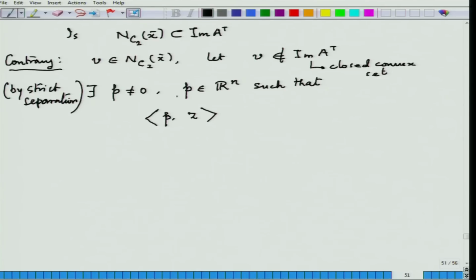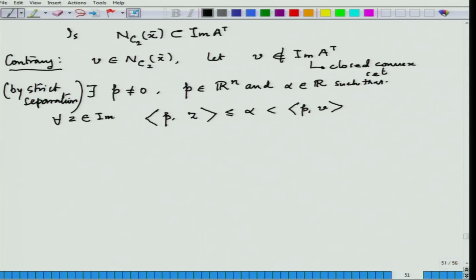By the strict separation there is a P in Rn and alpha in R such that P of Z is less than or equal to alpha, strictly less than P of V. This is true for all Z element of image of A transpose.